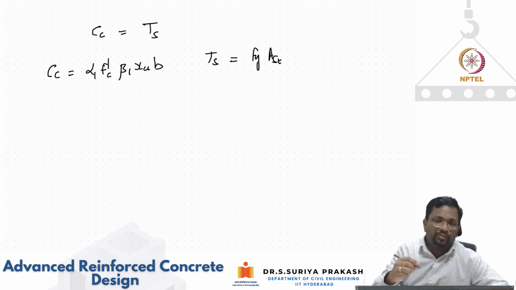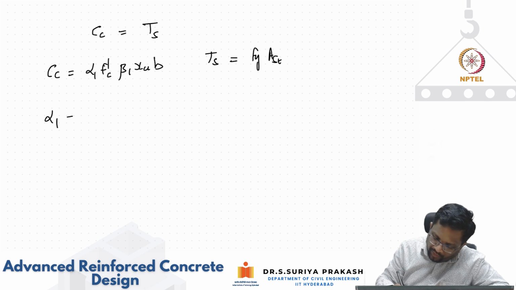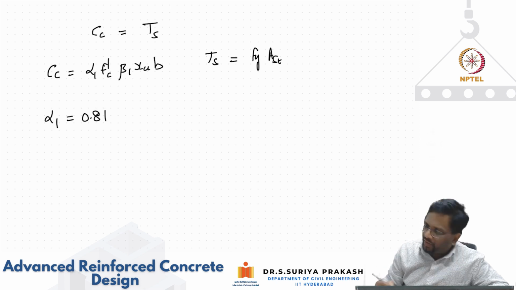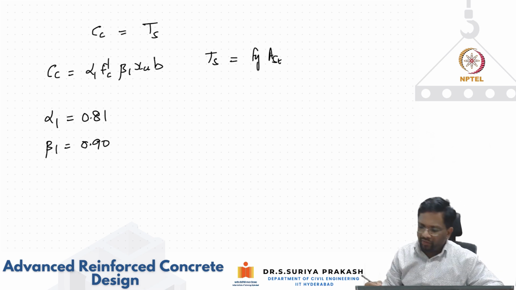What is alpha 1? In the previous calculations, for a strain value of 0.0035, we got alpha 1 equal to 0.81 and beta 1 equal to 0.90. Okay.